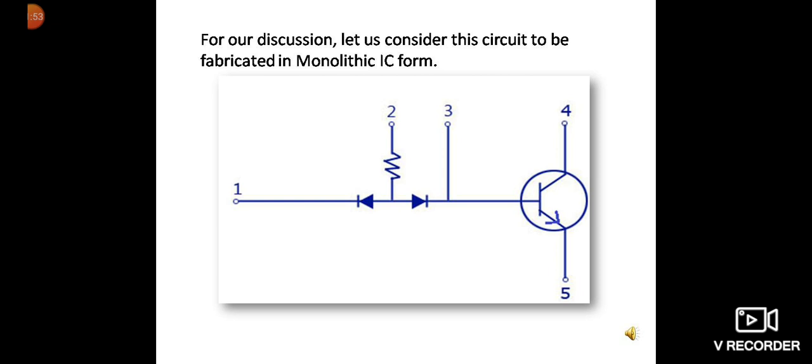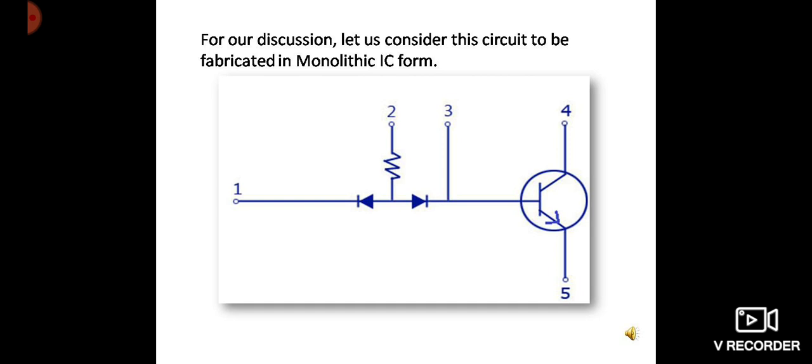To understand the basic IC fabrication process, let us consider this circuit to be fabricated in monolithic IC form. As I already told you, if the IC is monolithic, then it is fabricated on a single chip or wafer.